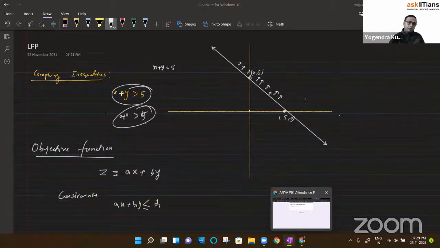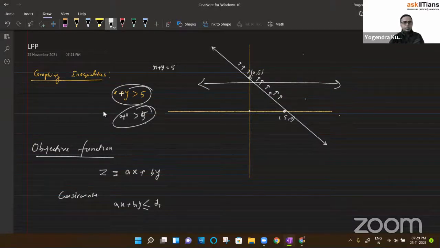Feasible and infeasible region. What is the feasible region? It is where all the constraints are meeting. Like I just took the example, suppose there is one constraint like that and another constraint like that. This side is our feasible region, which is satisfied by all the constraints. What is a feasible solution?